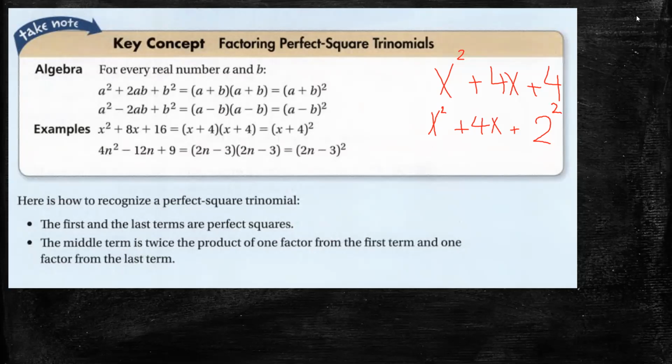It comes like this: x squared plus 4x plus 2 squared.